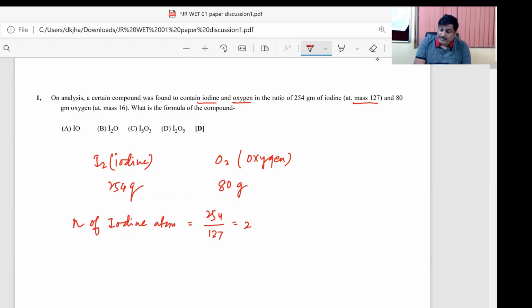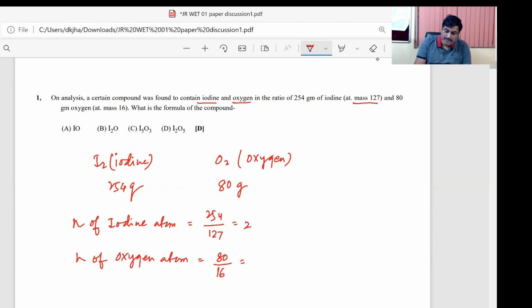The compound contains iodine and oxygen in the ratio of 254 gram of iodine to 80 gram of oxygen. So the number of moles of oxygen atoms is equal to 80 gram divided by the atomic weight of oxygen, which is 16.